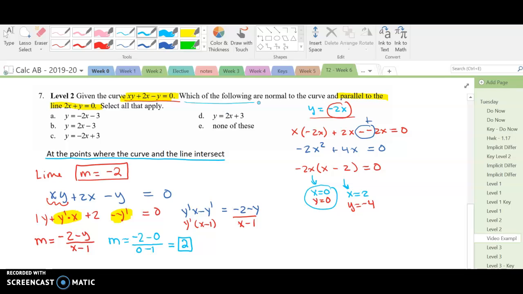Which of the following are normal to the curve? Well, normal to the curve means if this is the curve and this is tangent, then normal comes in at a 90-degree angle. And so if the parallel slope is 2, then the other slope must be normal, or negative 1 over 2. That would be my normal slope.